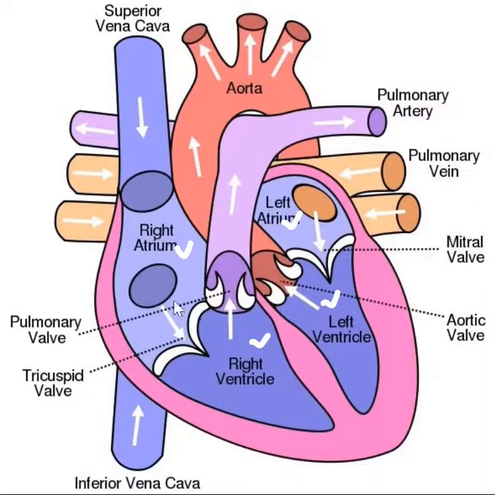It has comparatively thin and less muscular wall and receives opening of superior vena cava. This is the superior vena cava. So it receives openings of superior vena cava, inferior vena cava. This one is inferior.